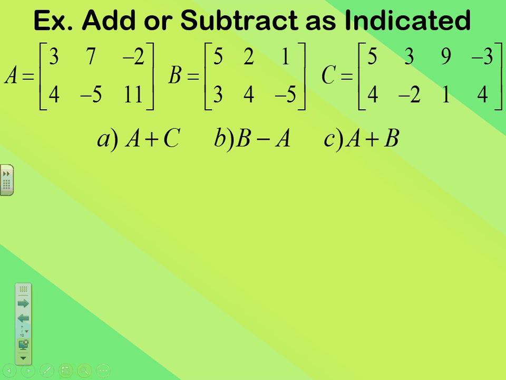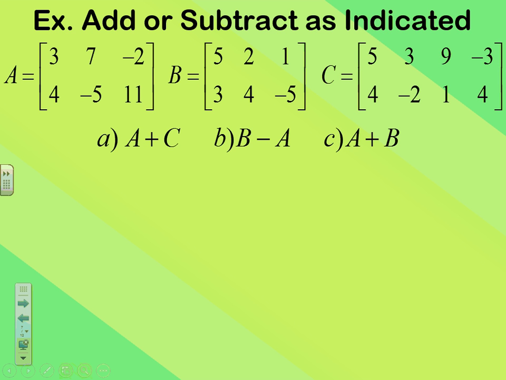Like the screen a second ago said, if I say matrix A plus matrix B, I'm going to call that matrix C. Well, that's not what we're seeing here. The matrix that we call C on this screen is not the sum of matrix A and matrix B. Like I said, the letter is just an arbitrary choice.